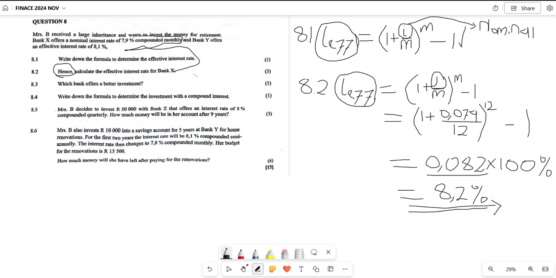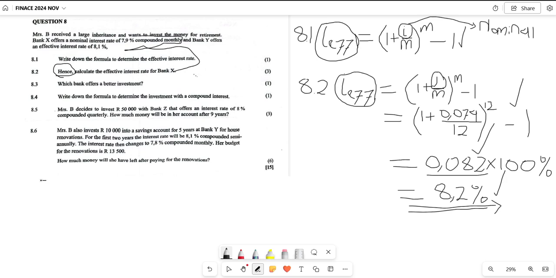Mark allocation there, 3 marks: 1 mark for correct substitution, 1 mark for 0.08, and 1 mark for I effective in a percentage form. That is that. So far, easy peasy. 4 marks given for Mahala there.